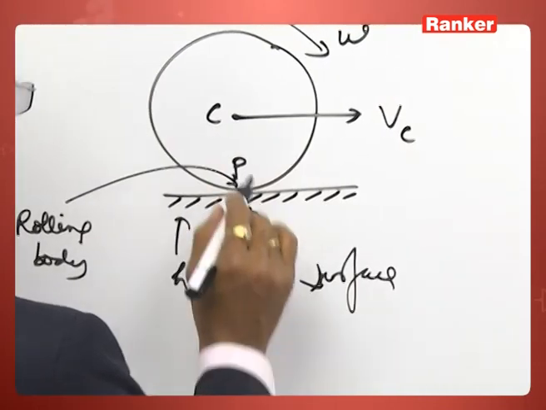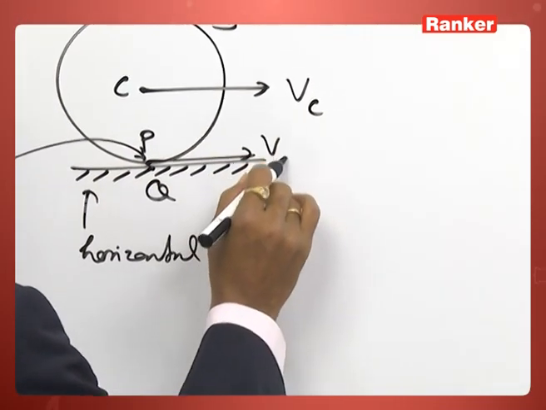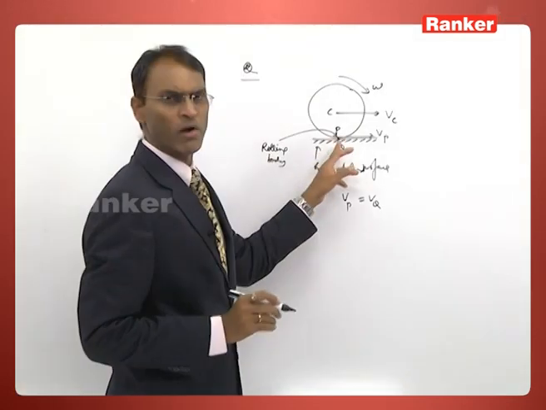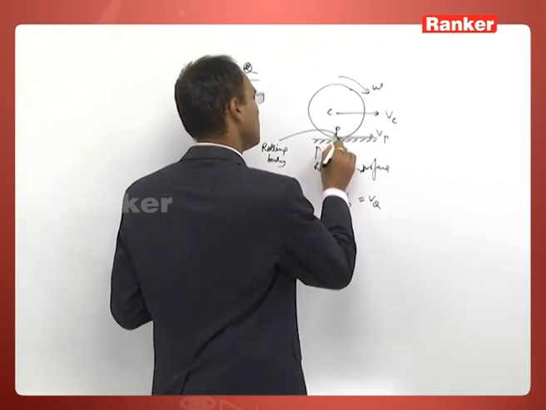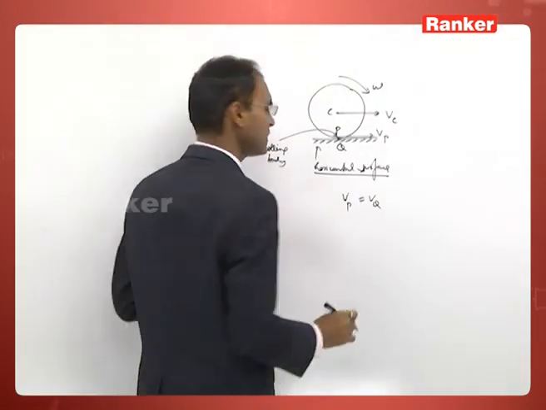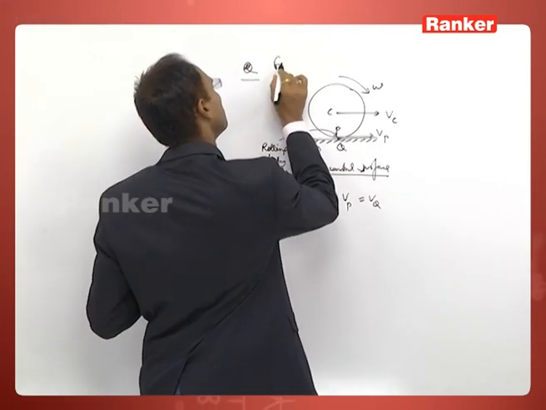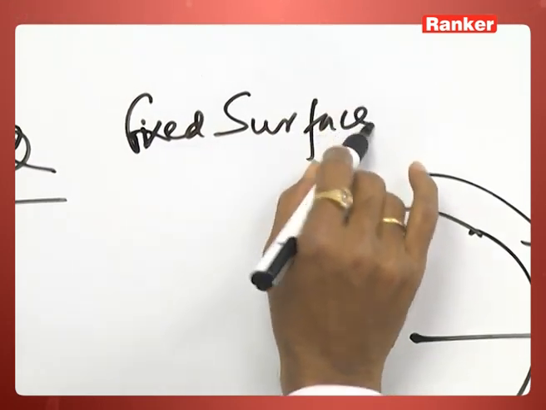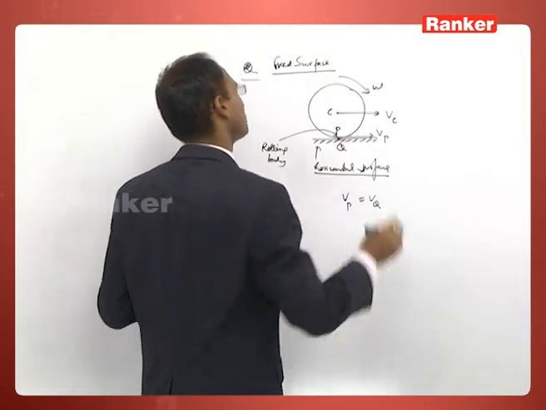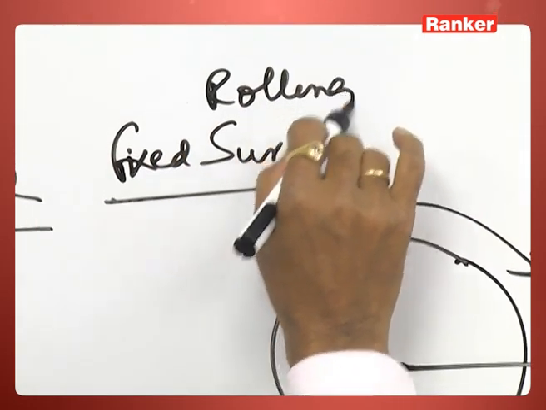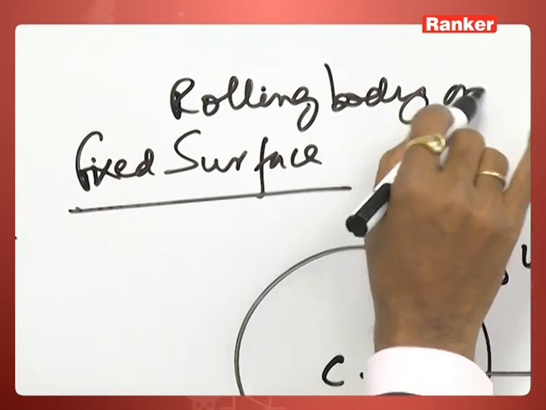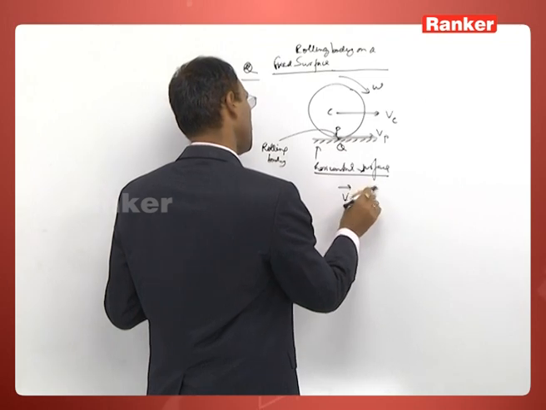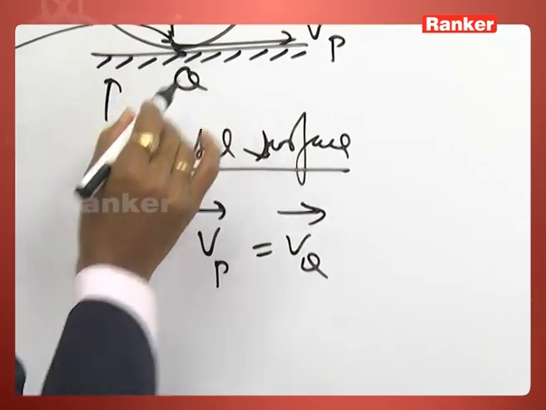Let us calculate the velocity of the point P and equate it to the velocity of point Q. Since this point Q is situated on the horizontal surface and the horizontal surface is fixed, we have a rolling body on a fixed horizontal surface. Our condition is that this point's velocity must be equal to this point's velocity.